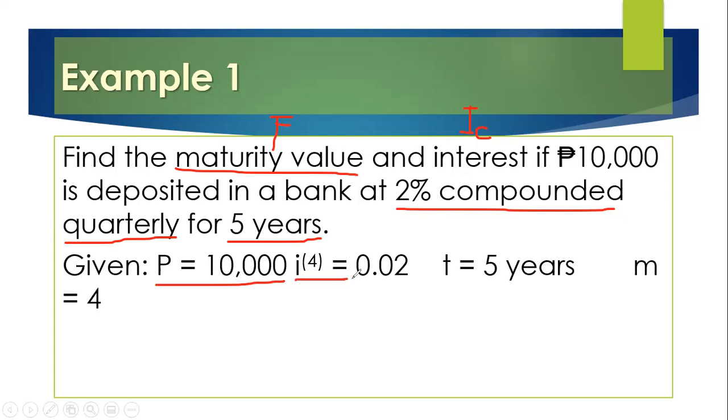We have the nominal rate I raised to 4. Bakit 4? Since quarterly yung sabi, compounded quarterly. And that is 0.02, which is 2%. So for our T, that is 5 years. So sabi niya, deposit mo daw for 5 years. So M is equal to 4 since quarterly.